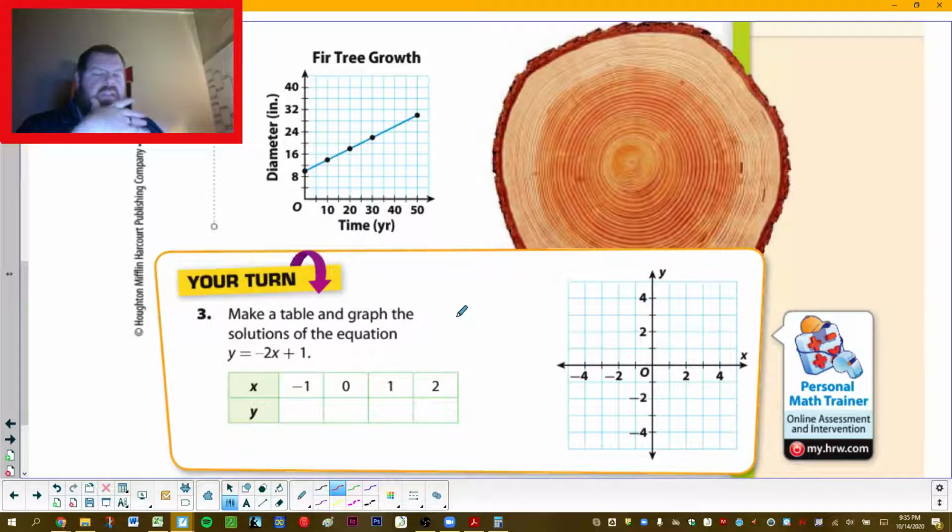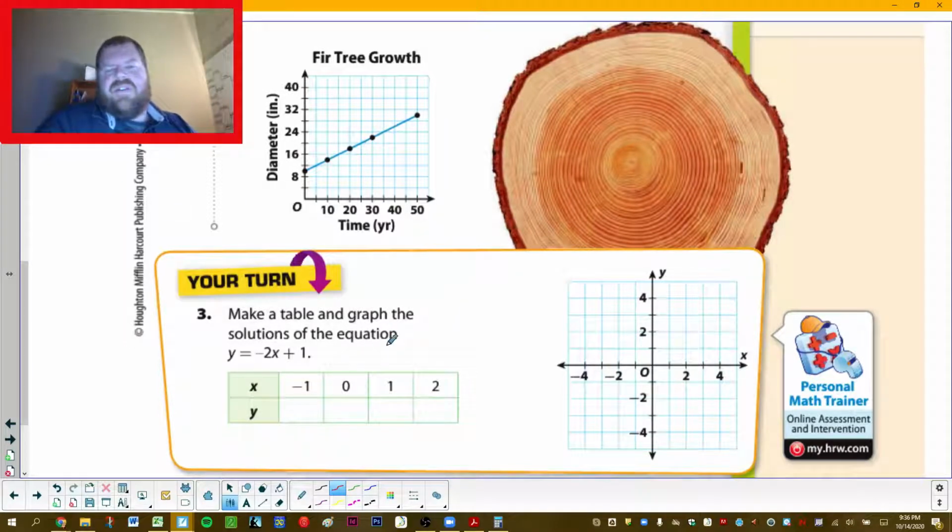One of the easiest ways to draw your straight line is to come up with some points. And for the most part, it doesn't matter what your points are. We want to make a table and graph the solutions of the equation. So I'm going to plug these values in.